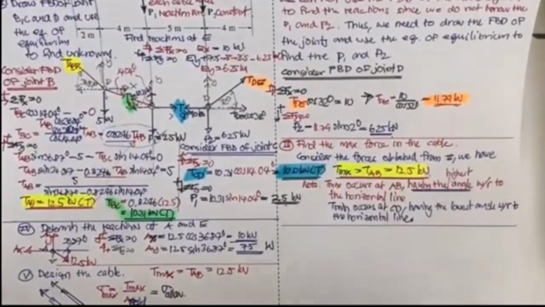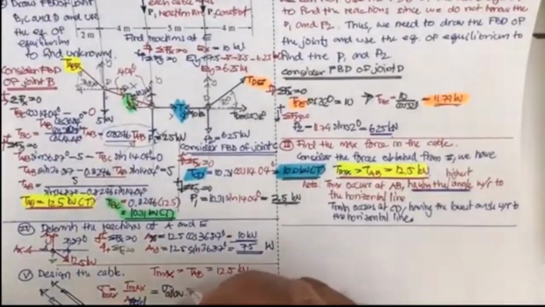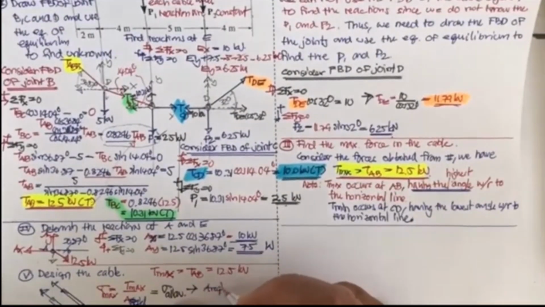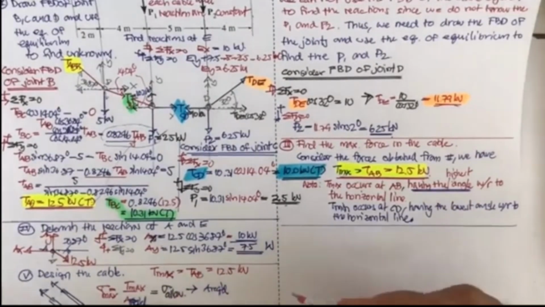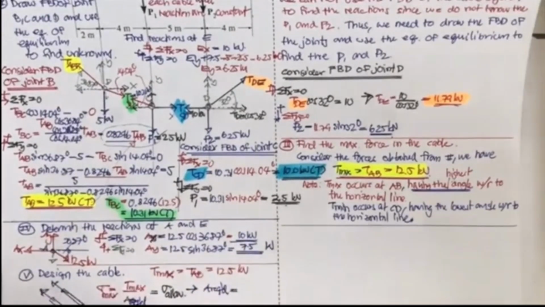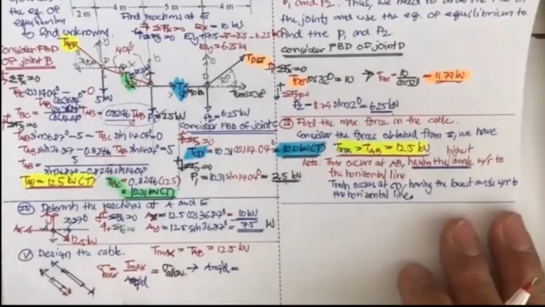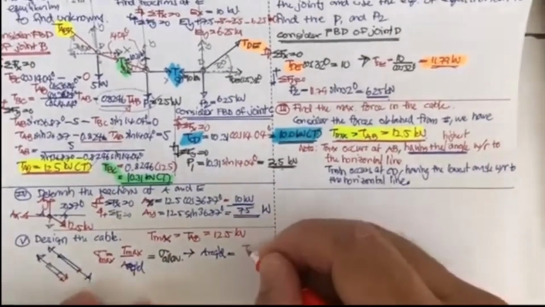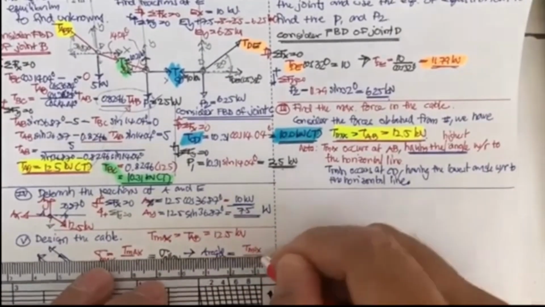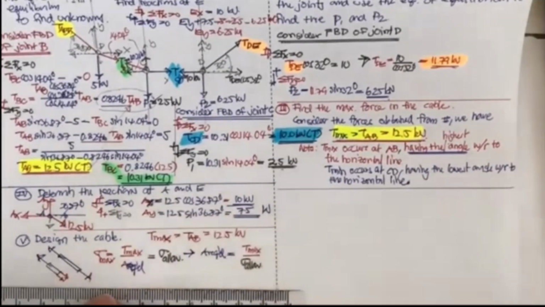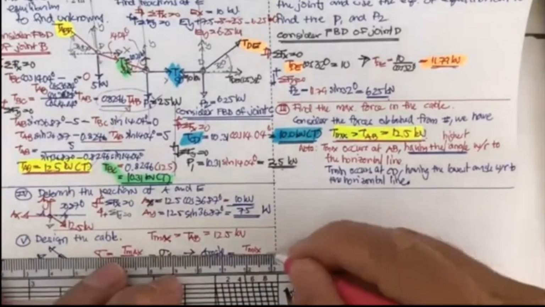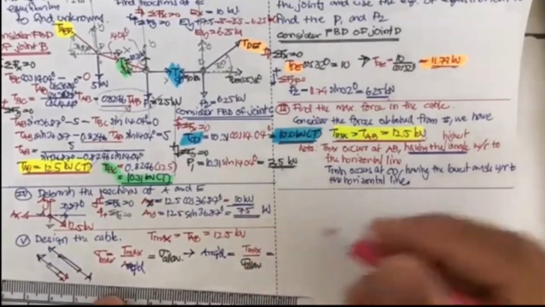So by doing this, you may get the equation of A required equals T max divided by sigma allow.